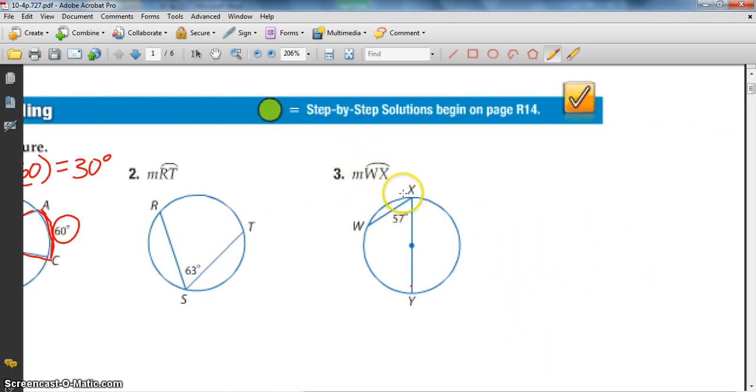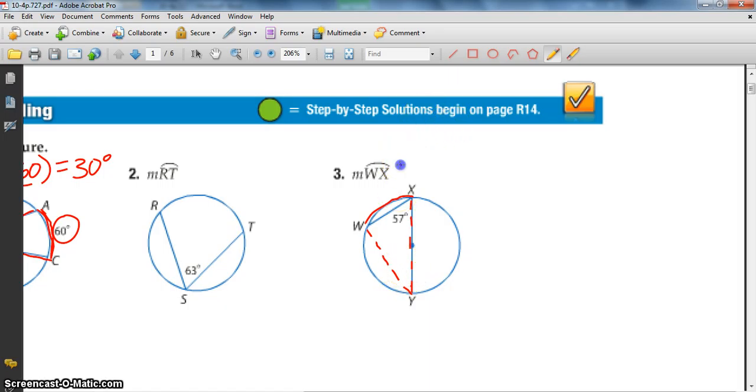Number 3, find the measure of arc WX. So to find this measure, first we have to find its inscribed angle, or angle WYX. After we find that, since this is half of this, this will be 2 times that.